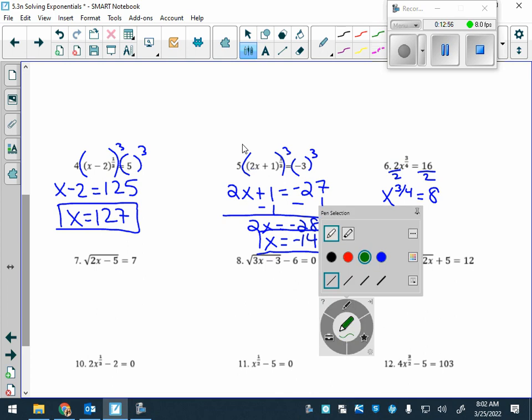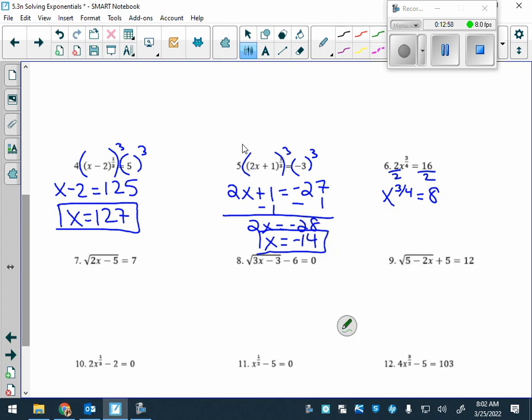Okay. Now, we have x to the 3/4. Everything we've seen has been 1 over. So now, what do I raise both sides to? Yeah. 4/3. So we raise both sides to the 4/3. Now, how would I write 8 to the 4/3 as a radical?